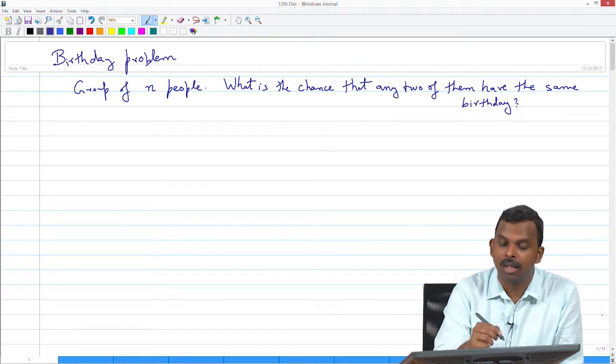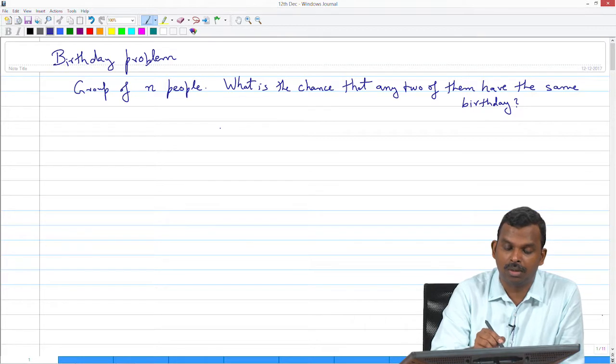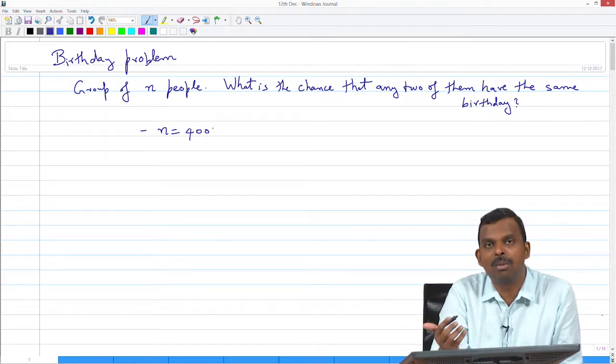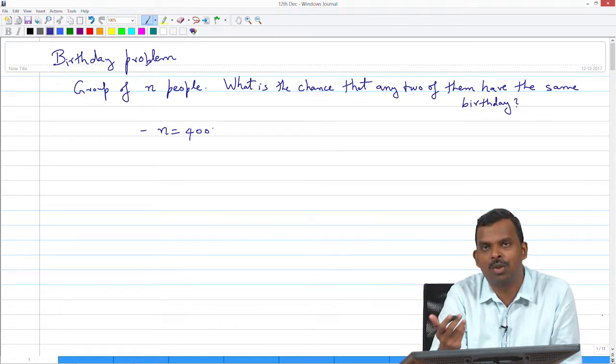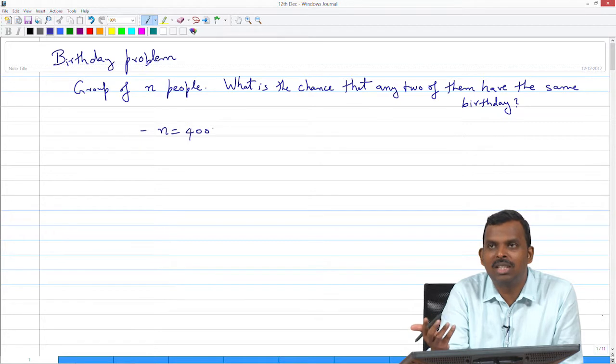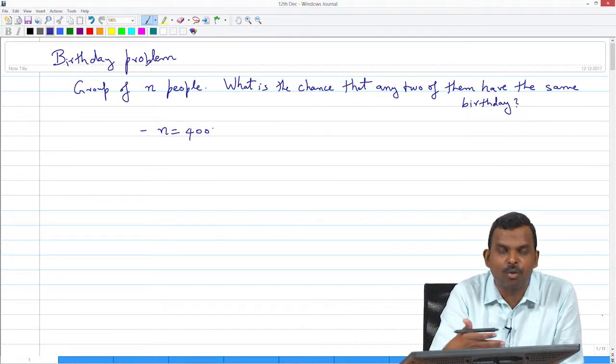So, for instance, one way to start this argument is to suppose n is, say, 400. The number of different birthdays possible is 365, since there are 365 days in a year. If you include the leap year and February 29th, you get 366. So, there are only 365 possibilities, and there are 400 people.